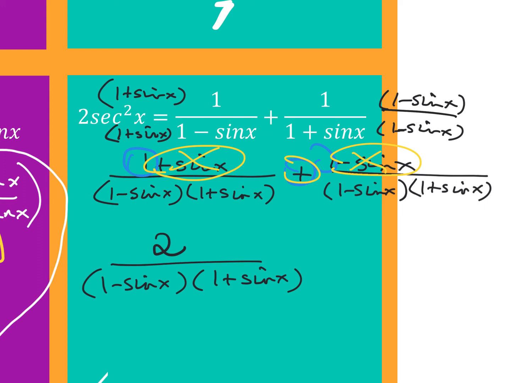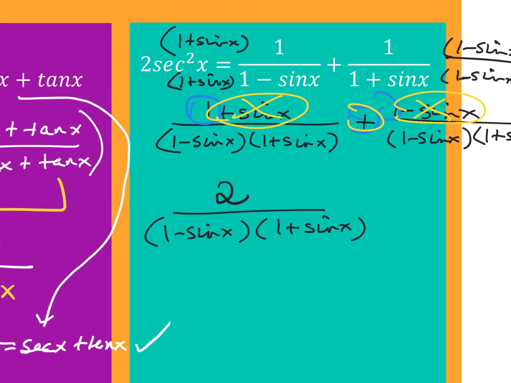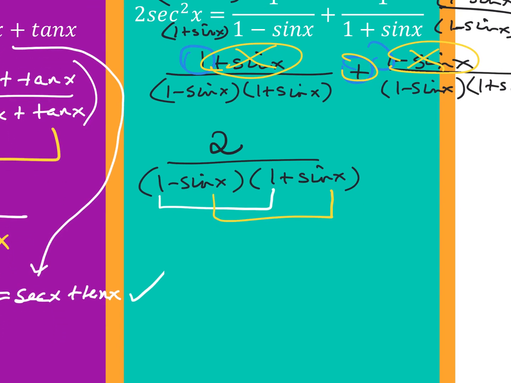The denominator, these are conjugates. When I FOIL it, it's going to turn into the difference of 2 squares. My outer and inner are going to cancel. So again, all I really need to do is first and last, because outer and inner will cancel. If you need to see it, let me just show you. So when I do first, I get 1 times 1 is 1.